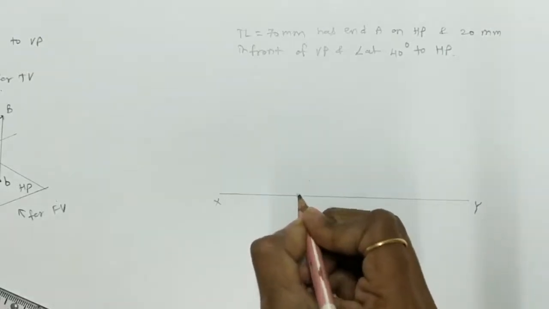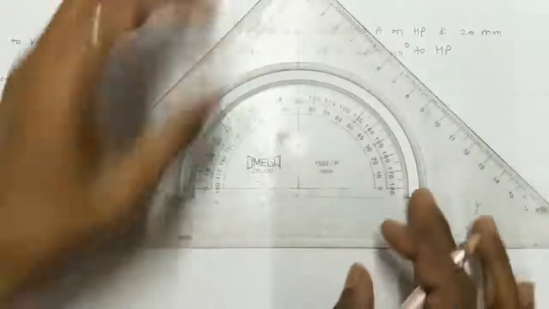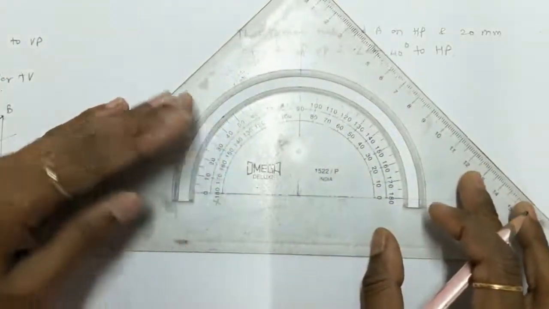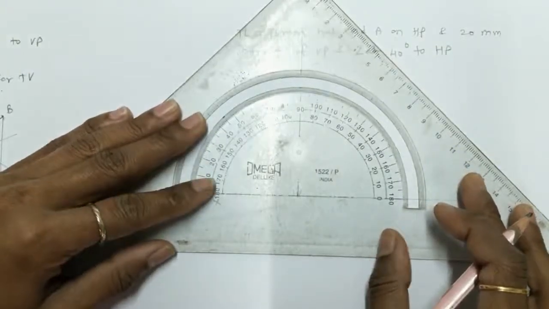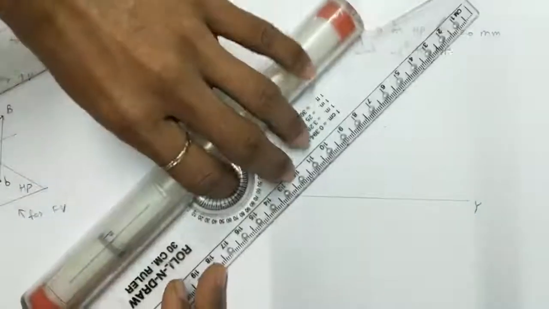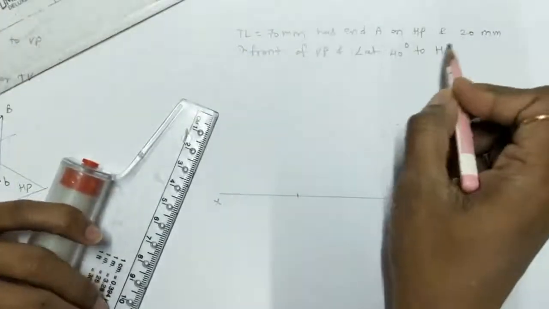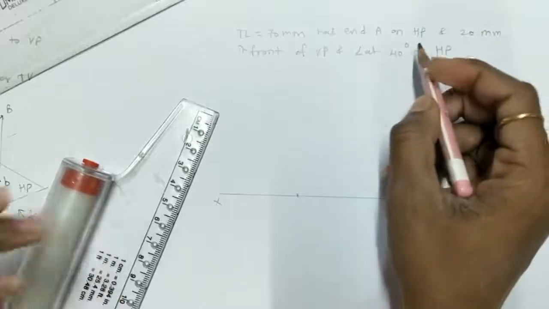Suppose I take any one point and measure an angle of 40 degrees. As we know, an inclined line will appear in front view. So this is the line, and the line has its end A on HP.